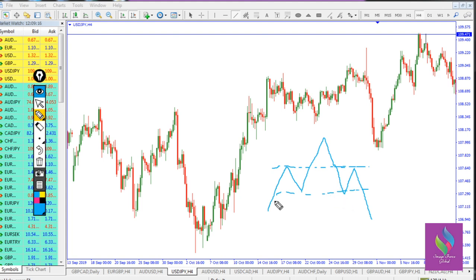Now, when you want to look at the market, you want to look for three major things. You want to look for support, you want to look for resistance, and thirdly, you want to look for a resume.